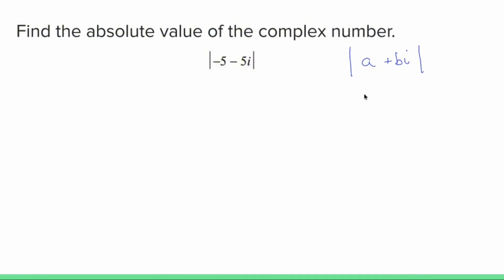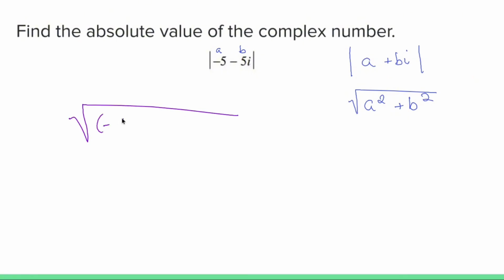Okay, your distance, your absolute value, is going to be the square root of a squared plus b squared. So what I'll do is I'll label this a and I'll label this b. So the distance is going to be the square root of negative 5 squared plus negative 5 squared. Okay, it's nice that they're the same.